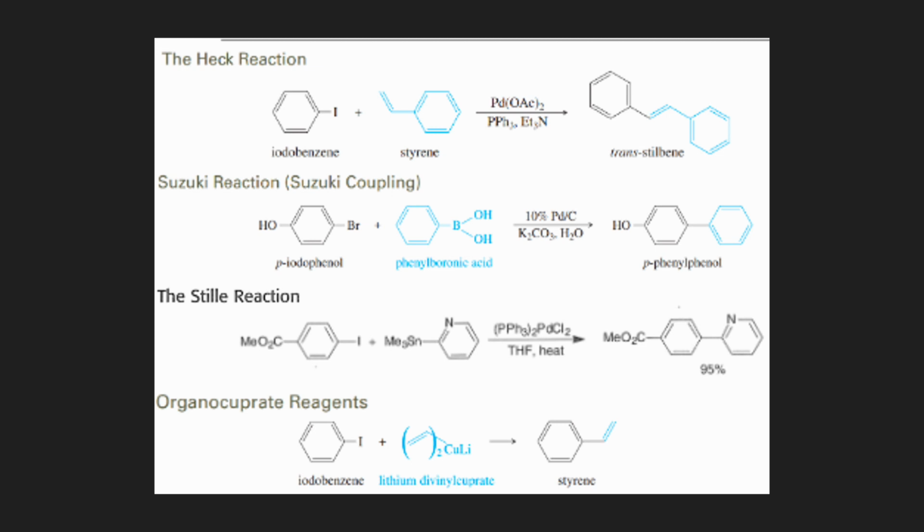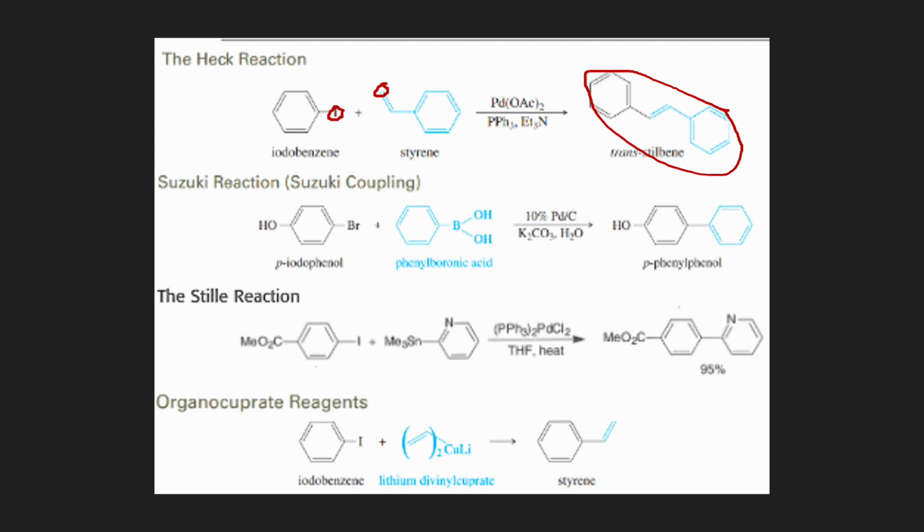Essentially, this is like a ligand substitution. What you can see is this guy here and this guy here are going to come together to form this right here. And that is going to be a syn beta elimination, then a ligand substitution.